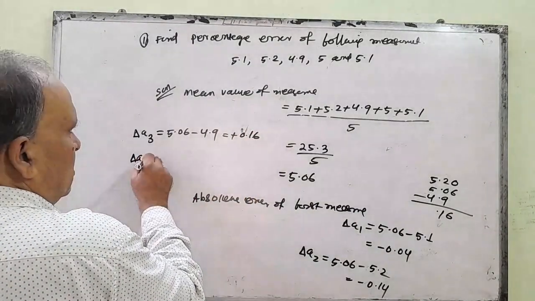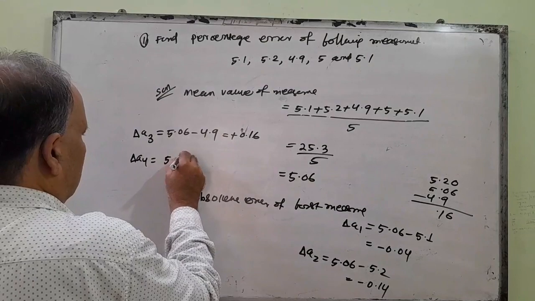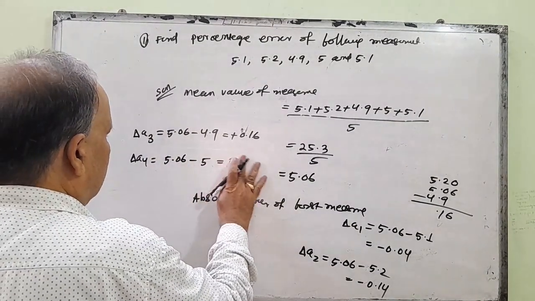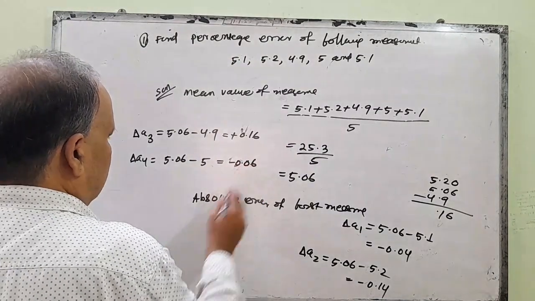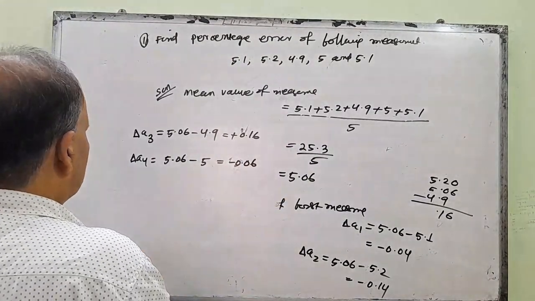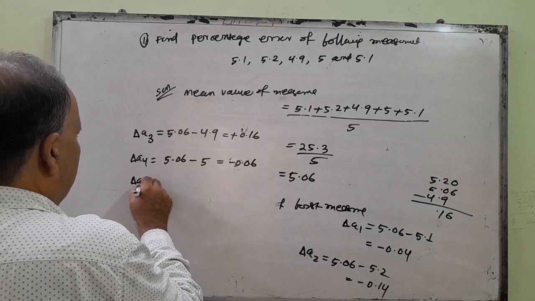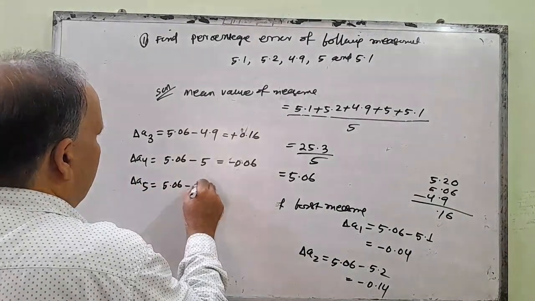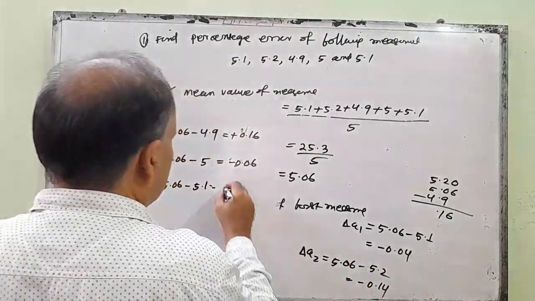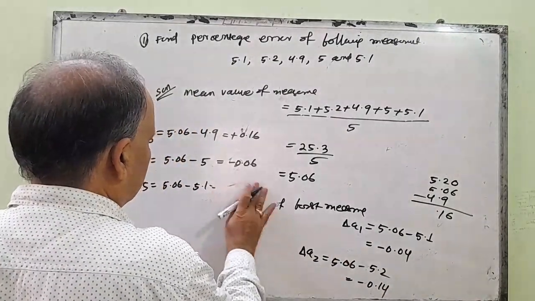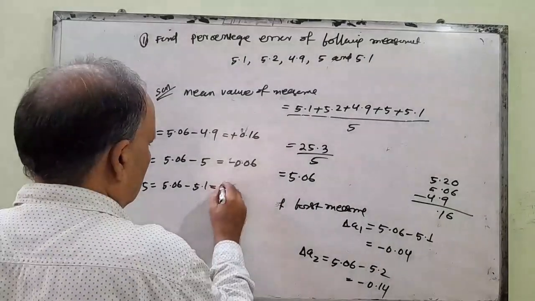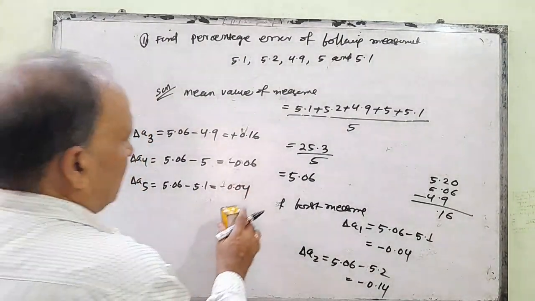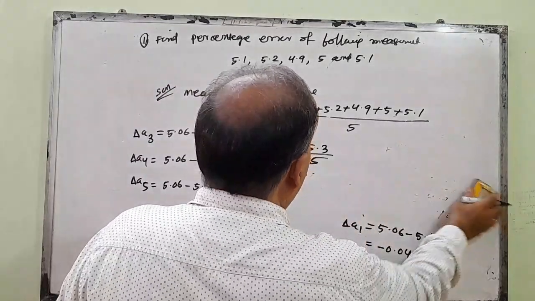Delta A4 is 5.06 minus 5, that is minus 0.06. Then delta A5 is 5.06 minus 5.1, that is minus 0.04. Now, these are the individual absolute errors.